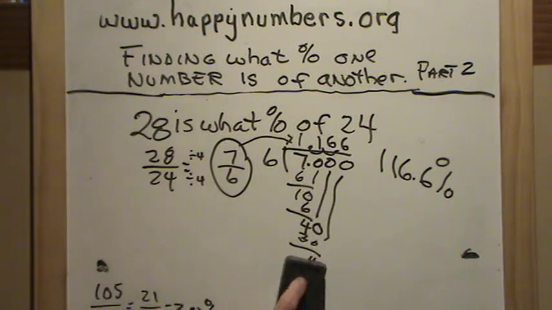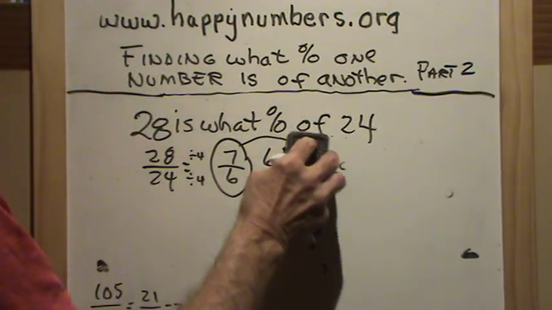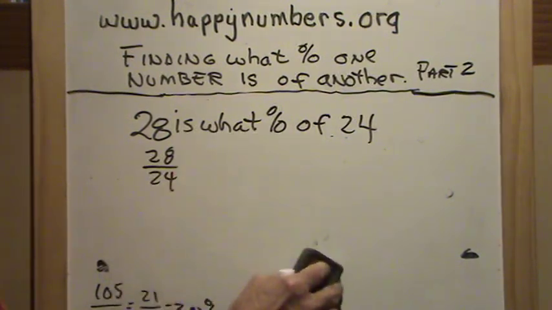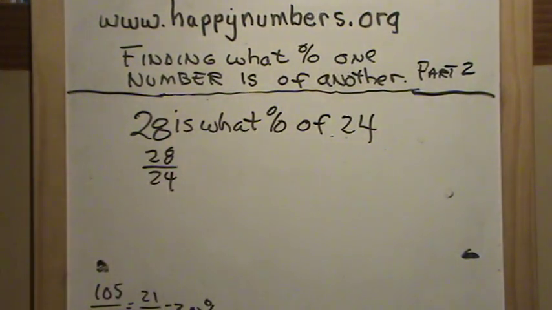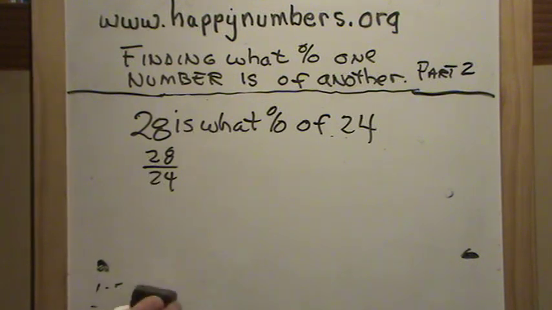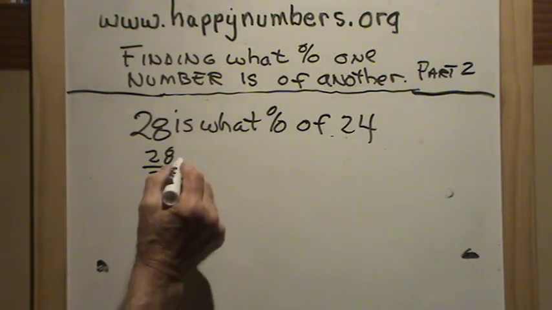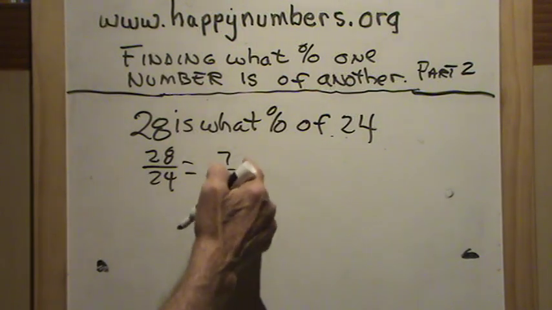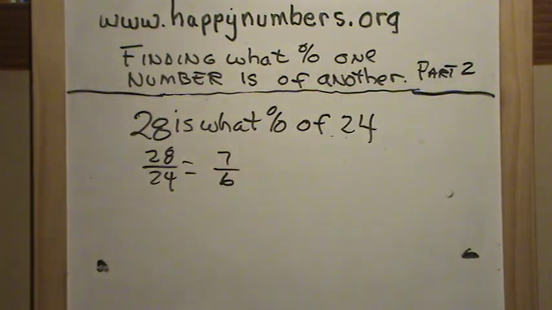So again, pretty simple skill set here. Let's just review the process. Let me just erase this here. We just reduced to lowest terms. We got the fraction 7/6, then we changed the fraction into a percent.